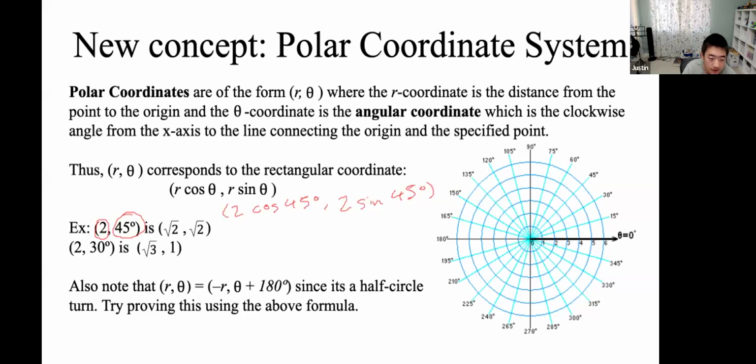So if you plug that in, that gives you root 2 comma root 2. 2 comma 30 degrees is similar. We have 2 cosine 30 degrees and 2 sine 30 degrees, which if you evaluate gives you root 3 comma 1.